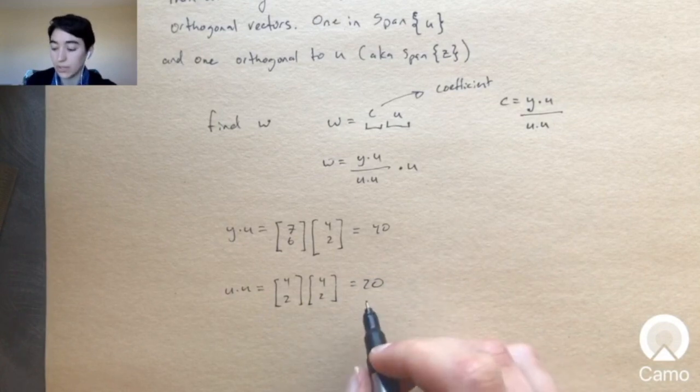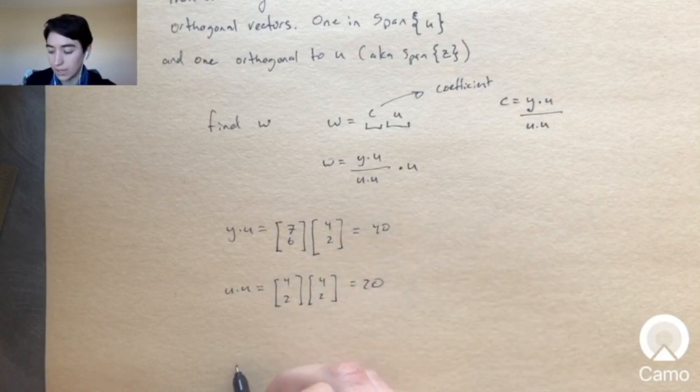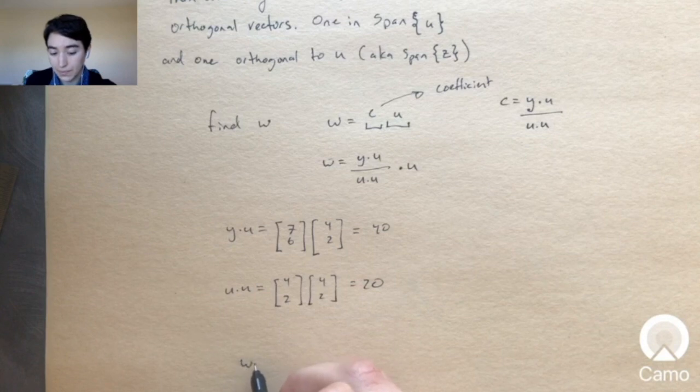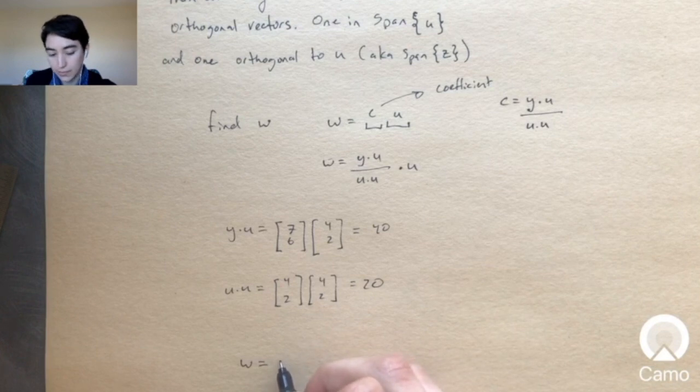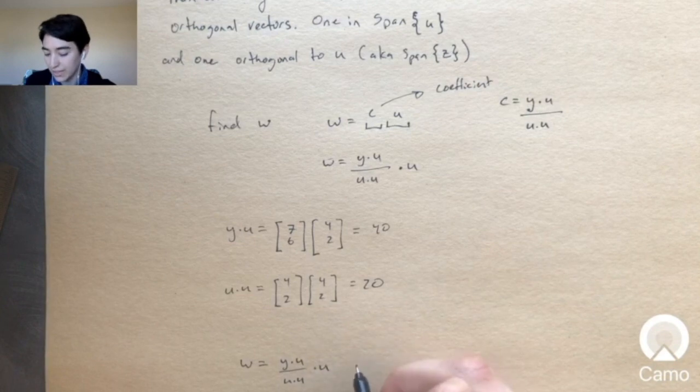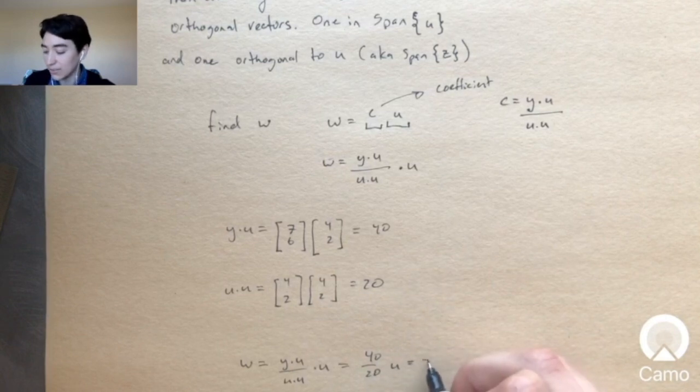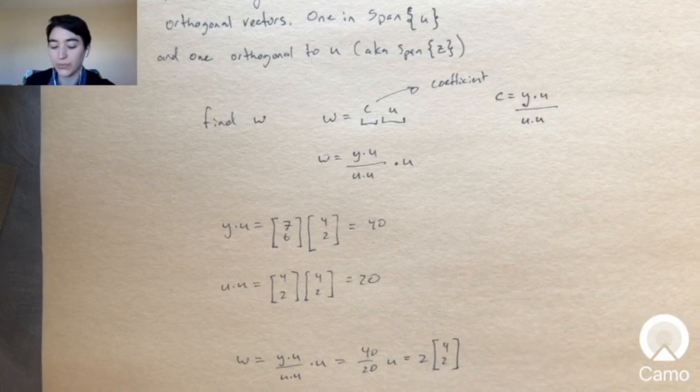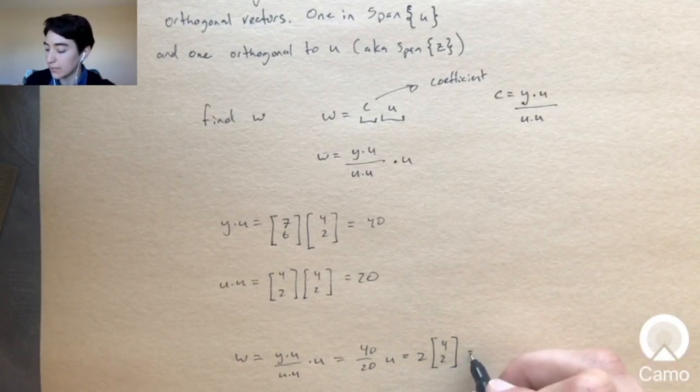Okay, so now we can substitute that into here. So w is then going to be y times u over u times u, times u, which is equal to 40 over 20 u, which is equal to 2 times 4, 2, which is equal to 8, 4.